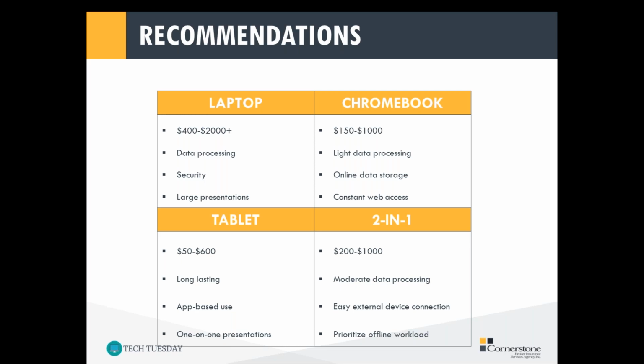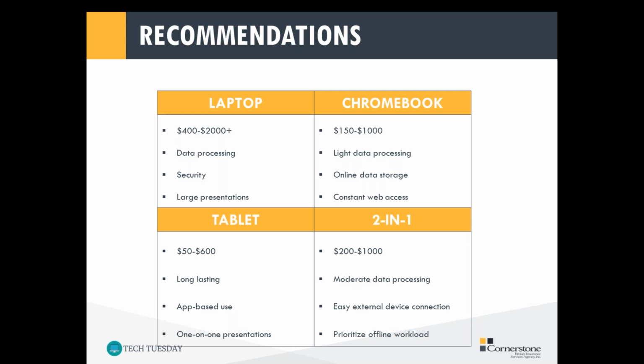Next up, we've got the Chromebook at $150 to $1,000. Can do some light data processing, has access to online data and storage, which kind of delimits you from the localized storage setting, and also needs constant web access, really, to be fully powered. That's the main trade-off of a Chromebook.